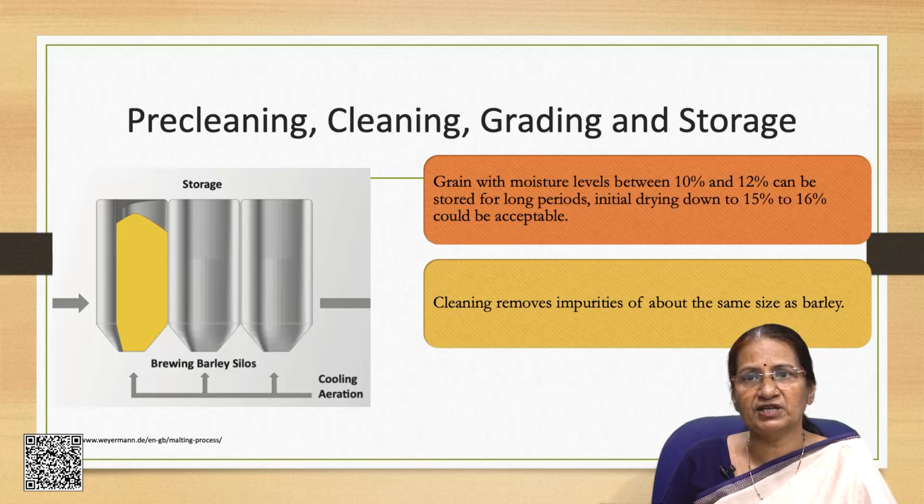Grain with moisture levels between 10 and 12% can be stored for long periods, although initial drying down to 15 to 16% could be applicable, providing that the grain is stored for short periods and preferably cooled. Cleaning has to remove impurities of about the same size as barley, such as weed seeds or grains of other cereals, as well as broken grains or undersized grains.